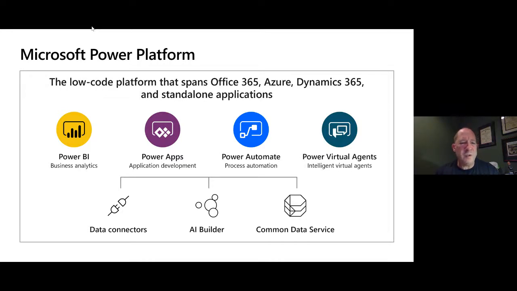And then there are three pieces, at least in the context of this conversation, that feed data into these components. They are data connectors. We're going to touch really briefly on the AI Builder, and then the Common Data Service.